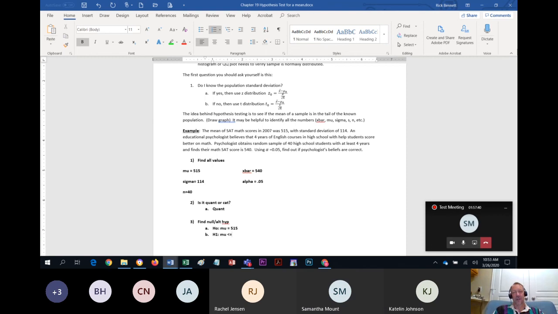Okay, so no. Okay. No. So she thinks that people will score better on their math. Okay. So we think that they're not going to be any different than 515. She thinks it's going to be better than 515.